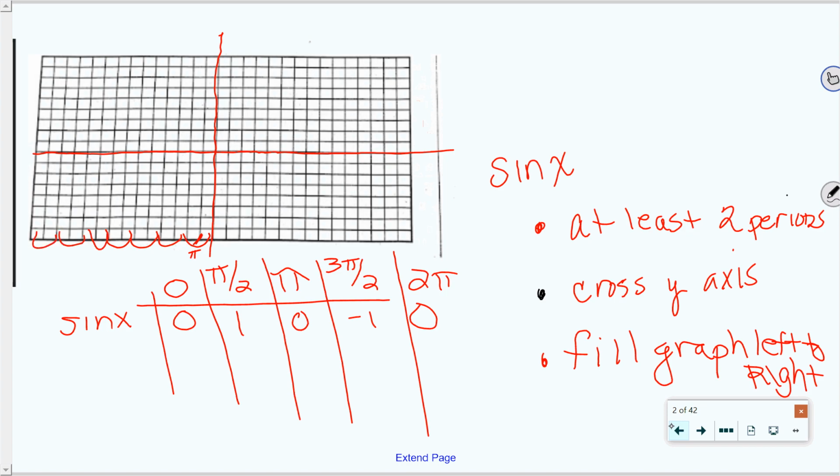That's way too smushed together. So on this one, maybe I'll do 8 boxes for pi. I think that would be good.